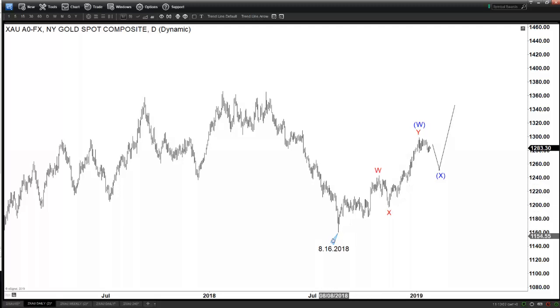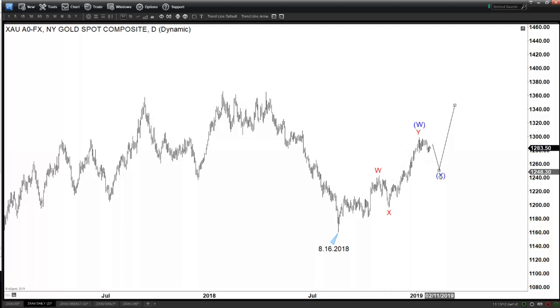So the current count suggests that the rally from the 2018 low, which is $1,160, is unfolding as a WXY. This one does look like a 3 swing, no doubt about it. 1, 2, 3, so a W, an X, and this is a Y. So we are now calling gold as ending this cycle as 3 swings, and it is now in the process of correcting this entire rally, and that's why you have the blue degree here, which is technically correcting this entire cycle.